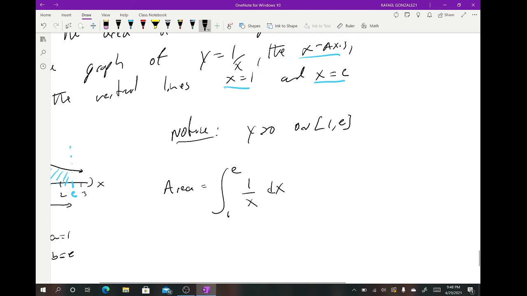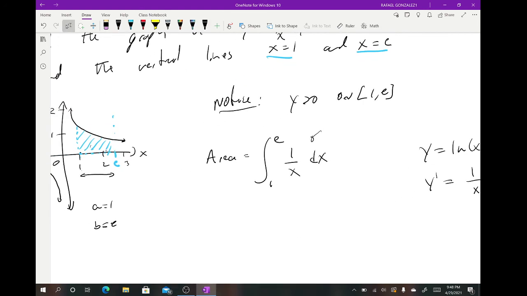Now, we haven't learned yet how to solve problems like this, but we do know what the antiderivative of this is. We don't have to think too much about it, because if you recall from way back when we were doing differentiation, y equals ln of x, the derivative of this, y prime, was 1 over x.